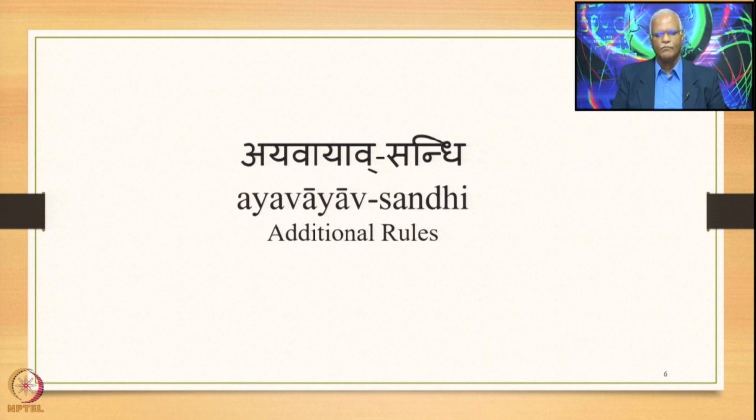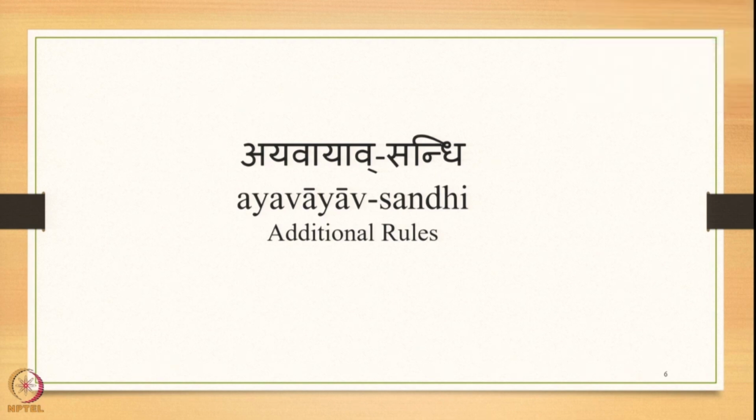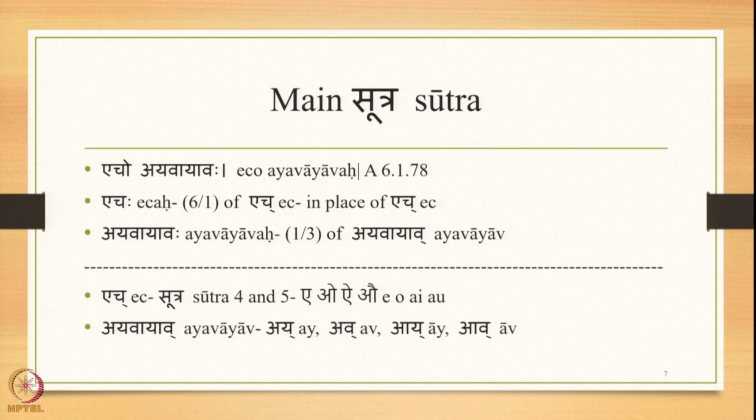Then we studied some additional rules where the right hand side environment is not vowels, is the consonant y. We studied two such sutras, Vantoyi Pratyaye and Dhatos Tannimittasyaiva, 6179 and 6180. These are the additional rules. And now we shall study two more additional rules.